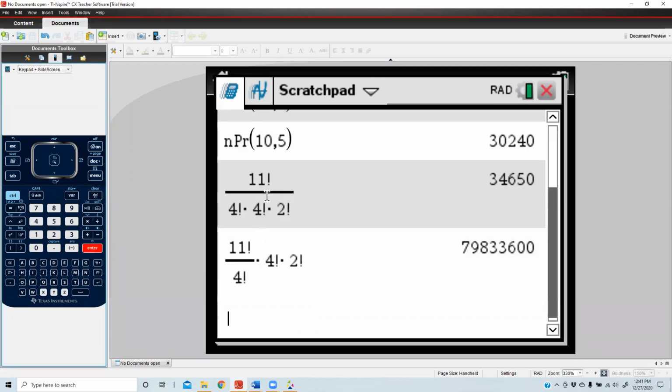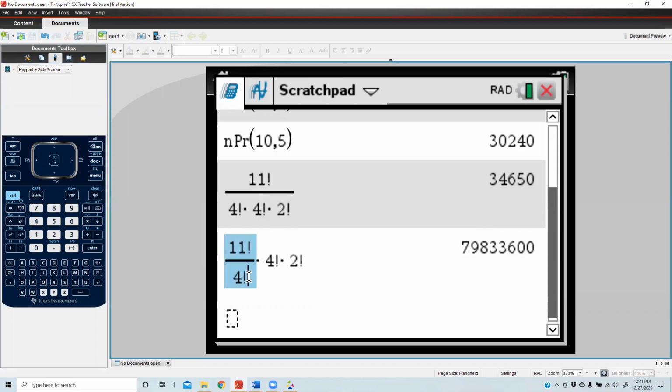Does that match what we just did above? For one, the answers don't match, and two, you can see that it did 11 factorial divided by 4 factorial, but that's the only thing it divided. It multiplied the other 4 factorial and the 2 factorial and made our answer bigger. You have to put parentheses on the bottom.